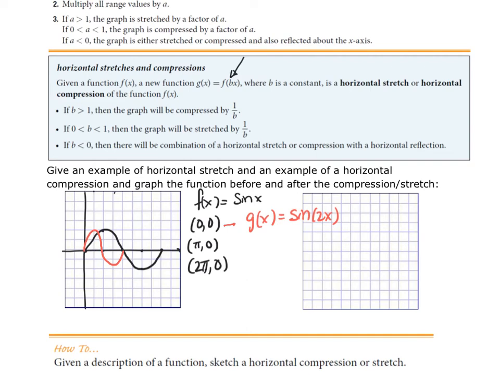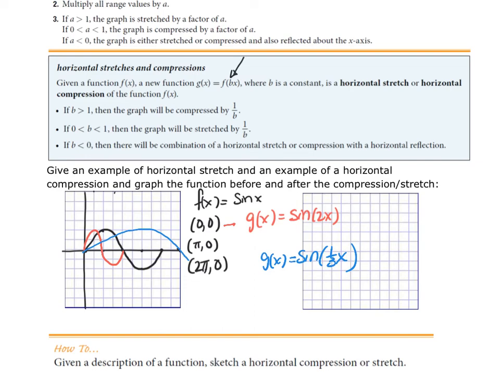If I would have said g of x is equal to the sine of 1/3 x, it actually stretches it by a factor of 3, because it's the exact opposite of what we want. And so I would have a graph that looks like this. Actually, I would have gone further than that out.